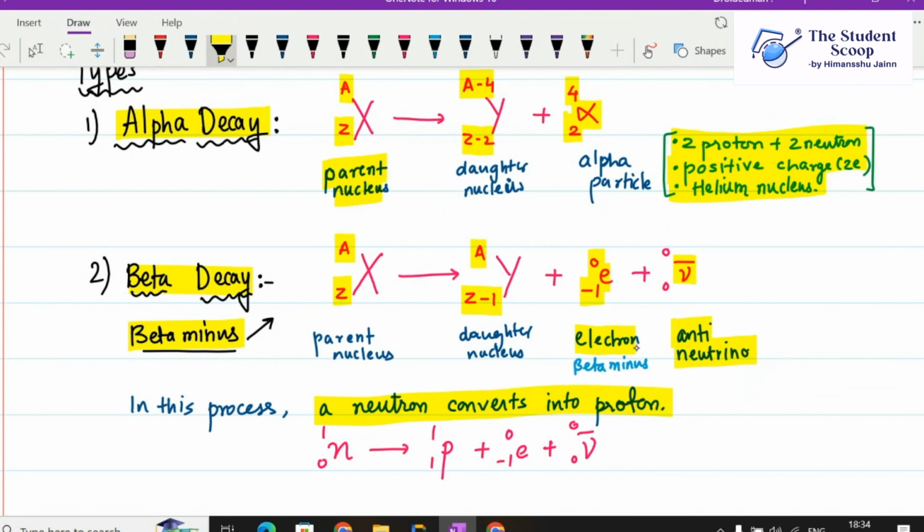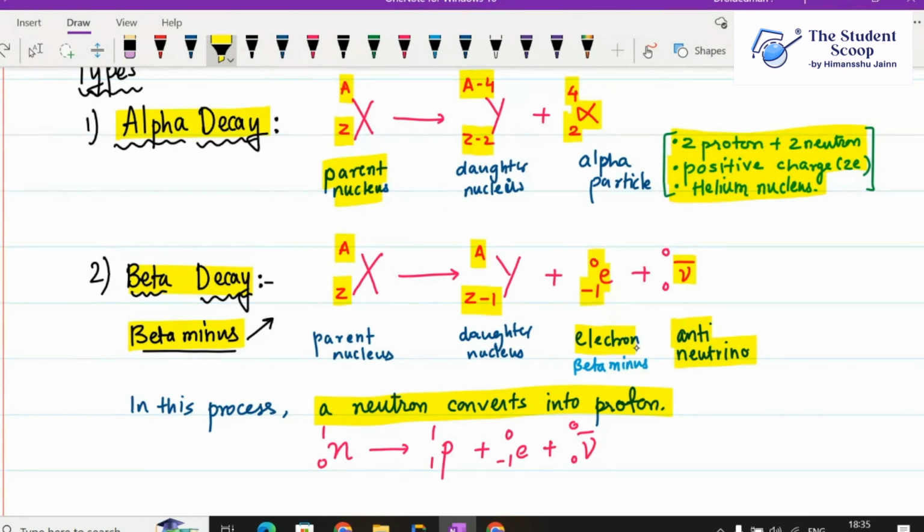If you look at this reaction, on the left hand side there is a neutron, and a neutron is neutrally charged, correct? So it is 0 charge on the left hand side. On the right hand side, there has to be a balance of charges. So a proton is released. A proton carries a positive 1 charge. Simultaneously, an electron is also released, because the electron has a negative charge.